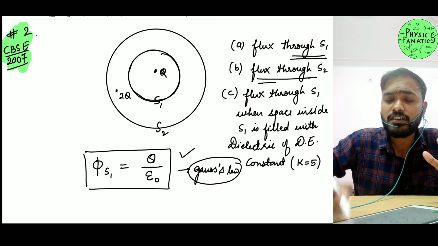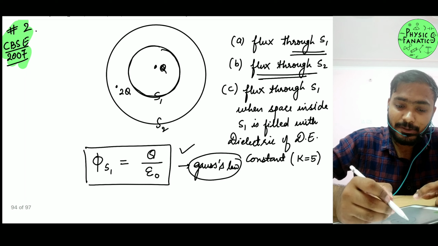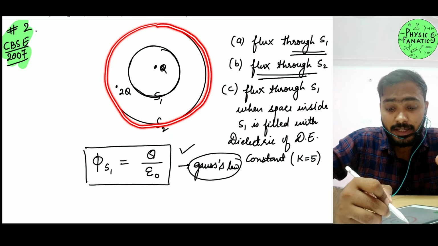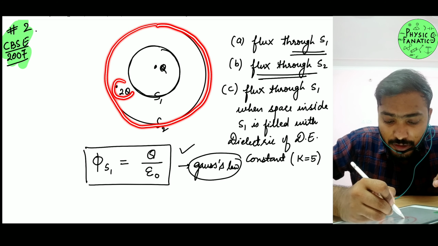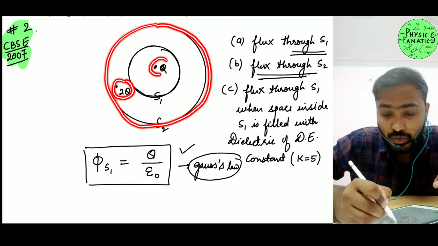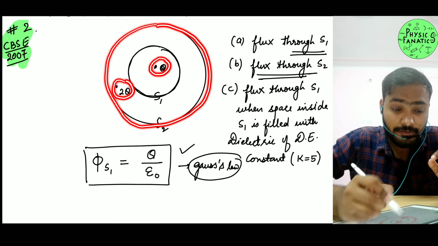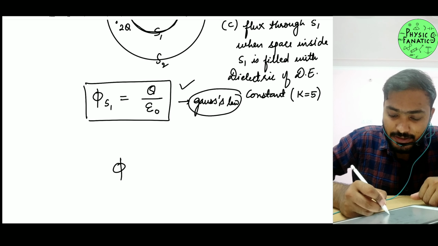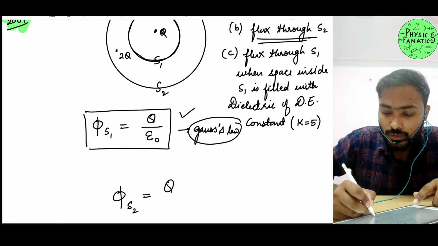Second part, flux through S2. You guys can do this, it is simple. This is my S2 surface, again a sphere. Now you have to understand here, this S2 surface has 2q charge as well as q charge. Q charge is also included in your S2 surface. So flux through S2 will be equal to the net charge Q net divided by epsilon naught.